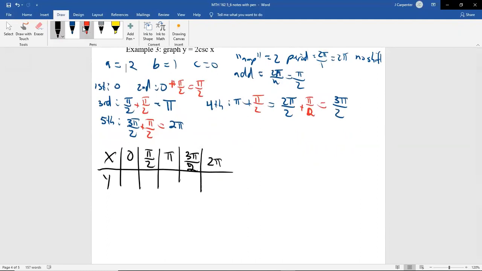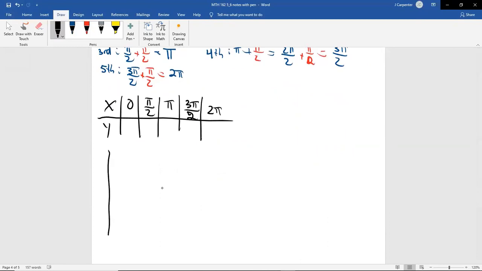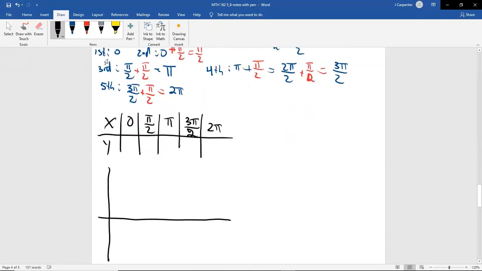Well, we know the first, third, and fifth are going to be the undefineds. If you don't trust me, go ahead and draw up what we were doing, a cosecant, right? Yeah, cosecant, so we're going to draw the sine wave.